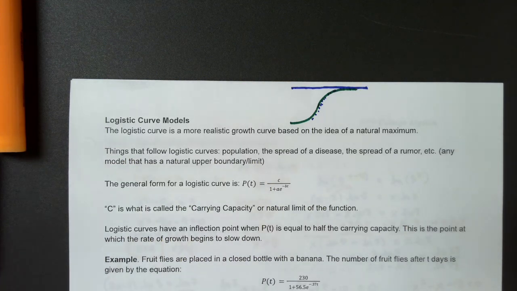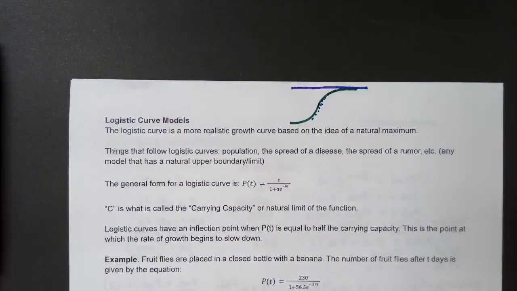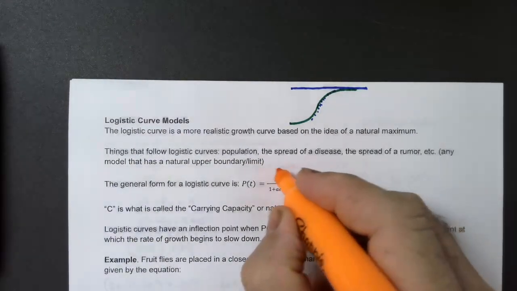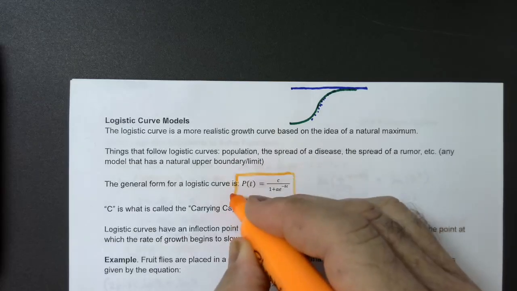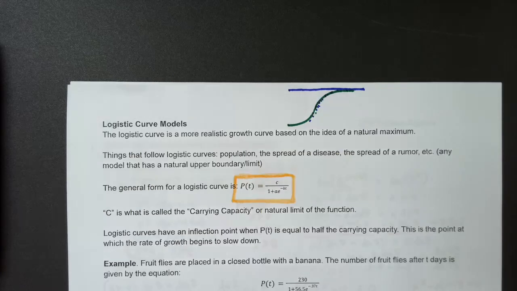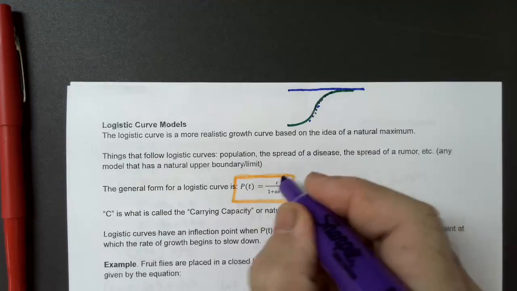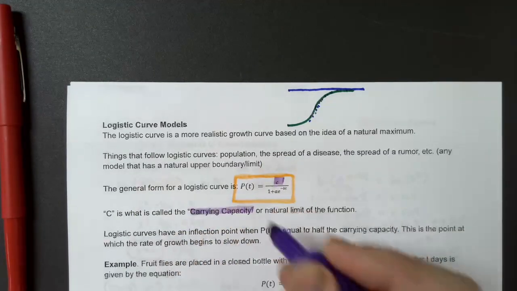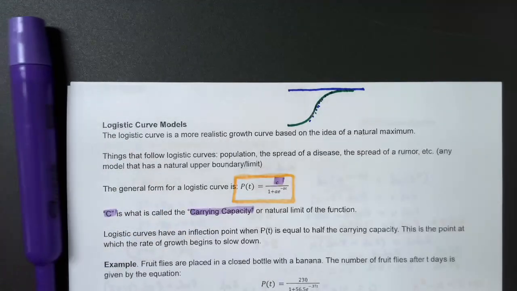So, believe it or not, all of those examples that I gave you match this formula right here. Whether it's rumors, bacteria, fish in a pond, deer in a forest, this is the model for logistic growth. In this, there is C, and C is what we call the carrying capacity. It's that maximum level.